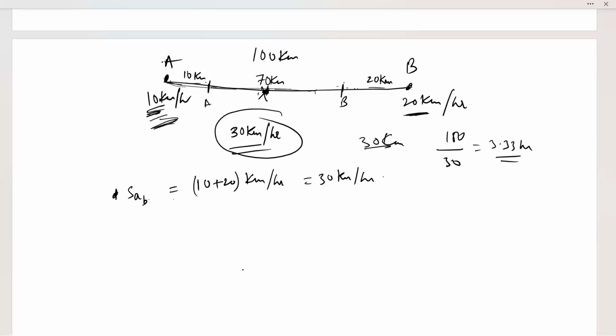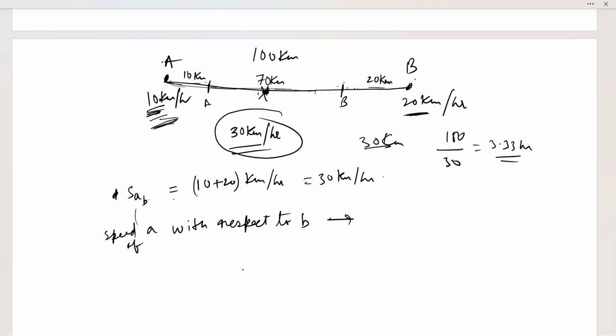Now I've written A with respect to B. What does this mean? When I say speed of A with respect to B, it means we went to B and told B, okay B, you stop.